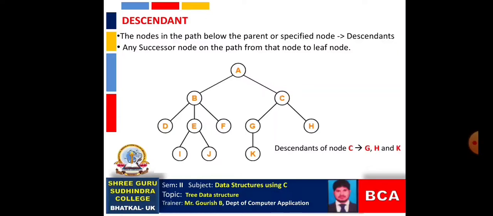For C, the successor nodes are G, H, K. That is the reason G, H and K are the descendants of C. For example, consider B. For B, D, E, F, I and J are all descendants of B. Fine.